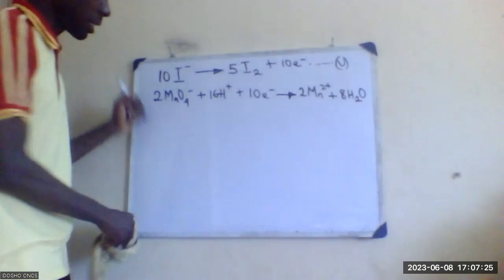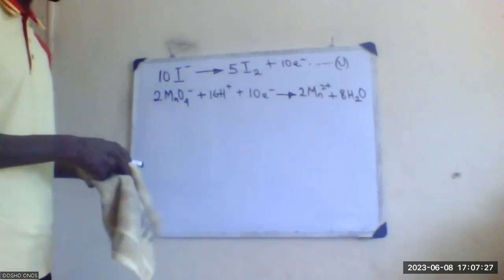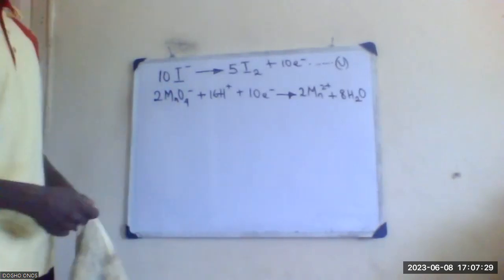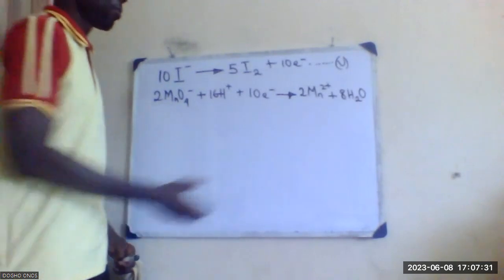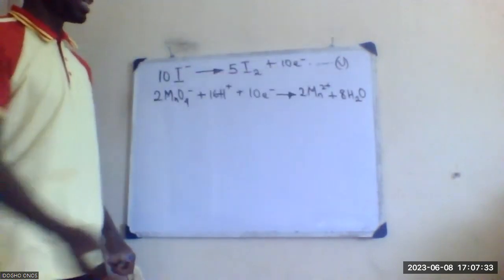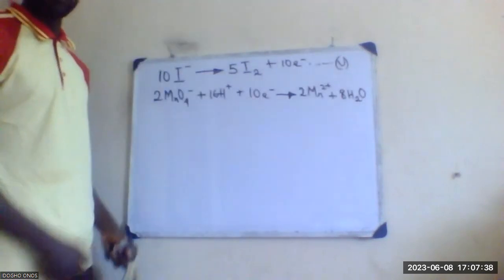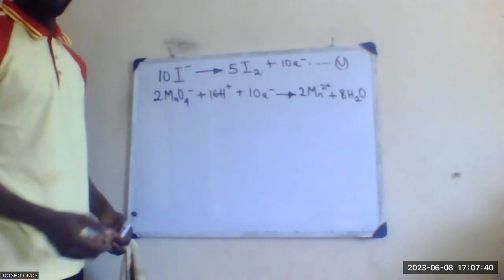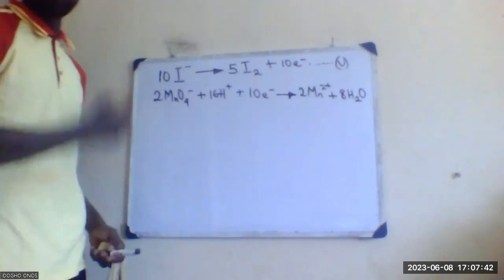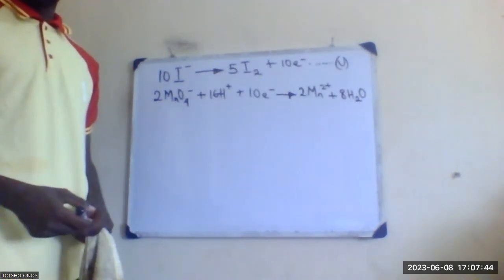Now, after getting your equation 6, we are one step away from the answer. If you now check, the electrons in equation 5 and the electrons in equation 6 are now equal. So we'll cancel out the electrons and combine both equations to give us the overall equation.